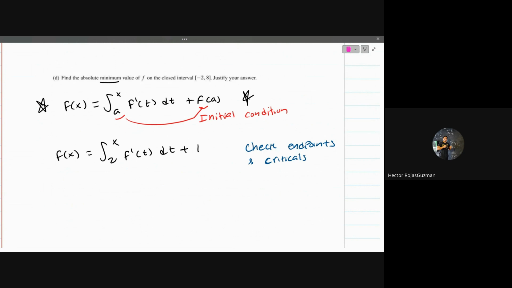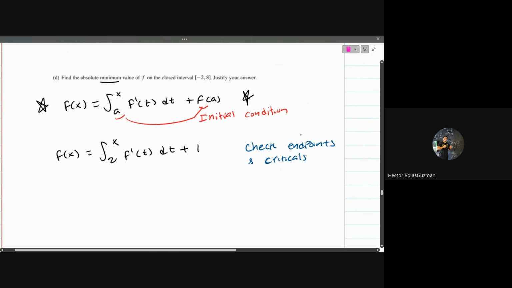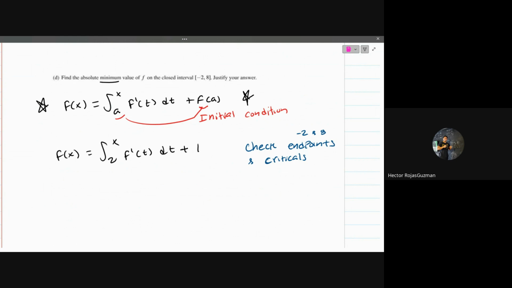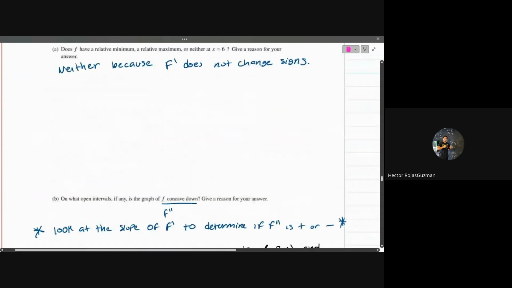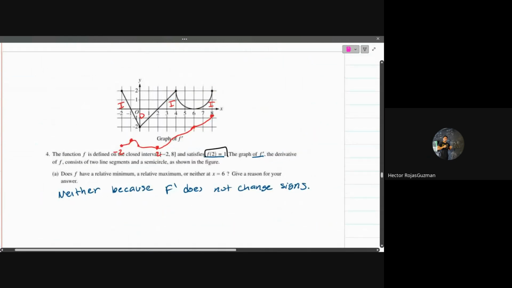This is just your general approach. The endpoints are, of course, -2 and 8. And the critical points are basically your x-intercepts, right? Which, if we look at the graph, is -1, 2, and 6.